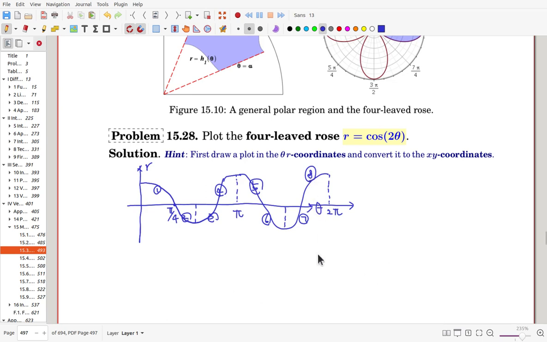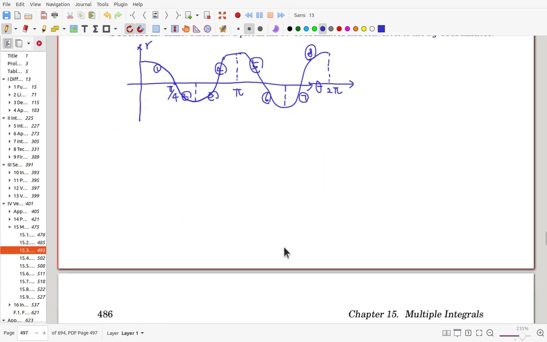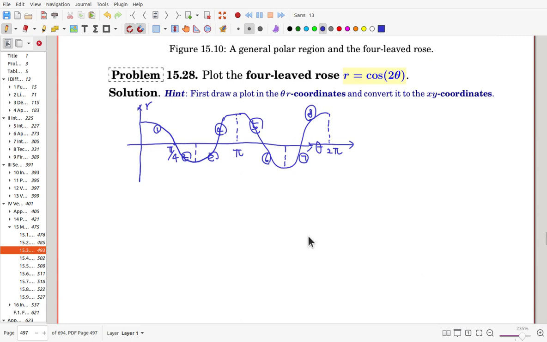For each part, we'll convert to the xy coordinates. Here r is moving from -1 to 1, so we start with a circle of radius 1 in xy coordinates.